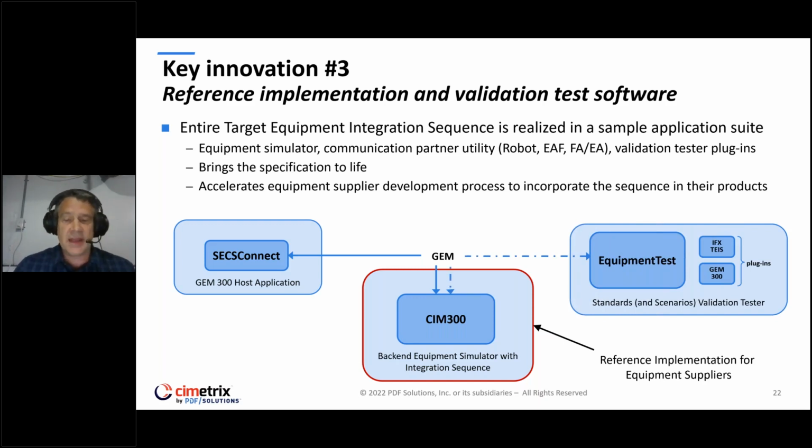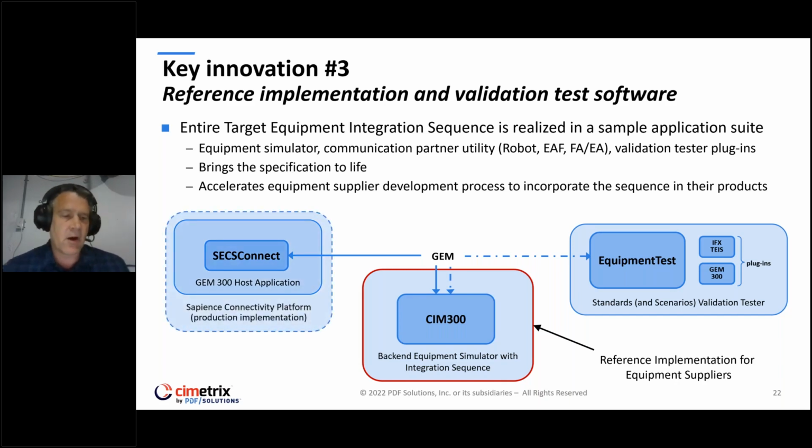In addition to that, there is a test available implemented using equipment test with a plugin, and there are some normal standard GEM tests in this, and there's also some GEM 300 tests available. But the real key is there's plugins specifically implementing the backend TOS requirements, so you can run through a test either against the reference implementation or against a real implementation. It doesn't know the difference.